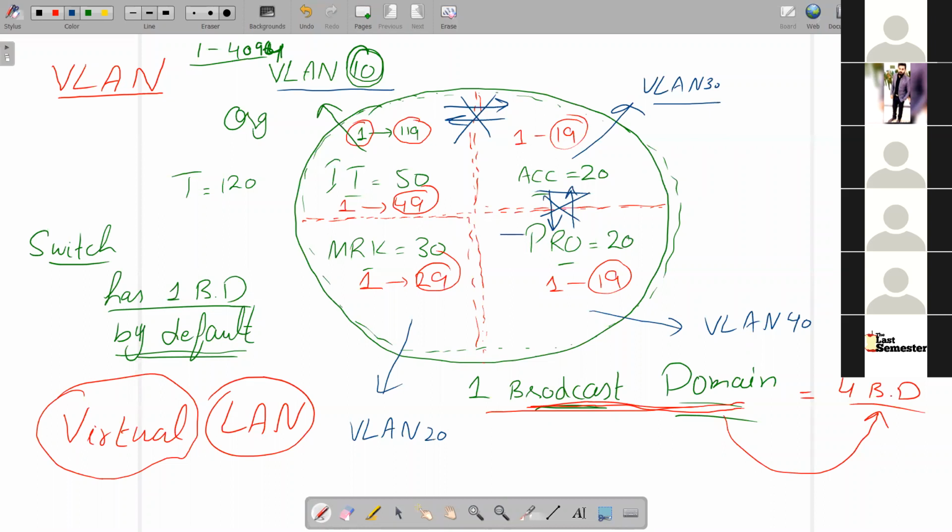The production department cannot communicate with the marketing department, and the marketing department cannot communicate with the production department. The production department cannot communicate with the IT department, and IT guys cannot communicate with the production guys. No one can communicate with each other. They will only communicate within the department. And within the department, all the PCs will receive the broadcast.